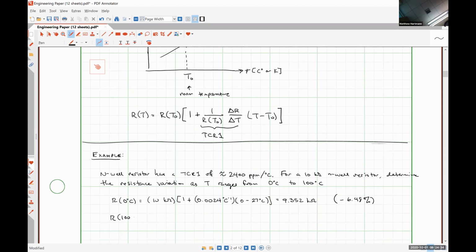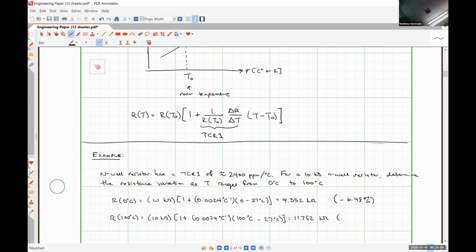If we're looking at the high end, we're now going to have 100 degrees C minus 27 degrees C, and this is going to give us a value of 11.752 kiloohms.